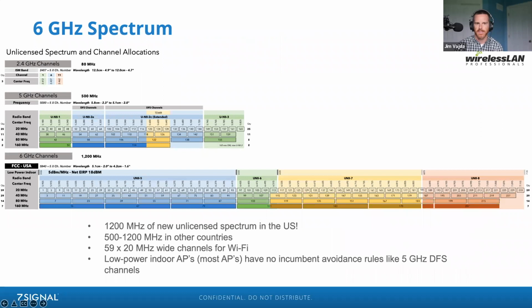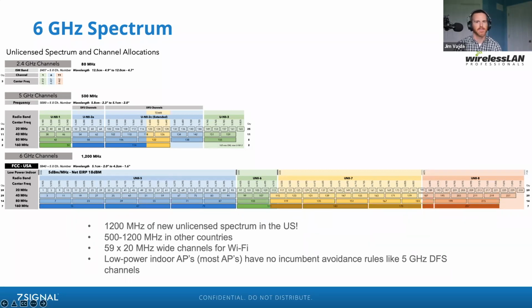So having a look at the 6 gigahertz spectrum that Wi-Fi 6E takes advantage of. Here in the US, you can see how it's channelized. There's 59 new 20 megahertz channels, which is just incredible. And they're all available with the low power indoors access points that are available today.